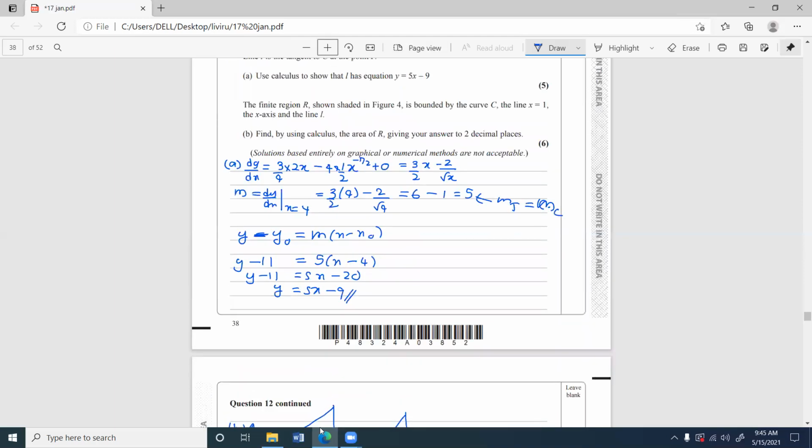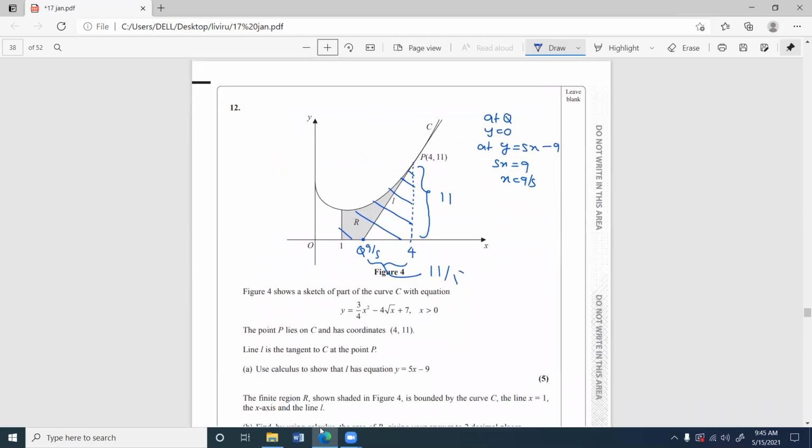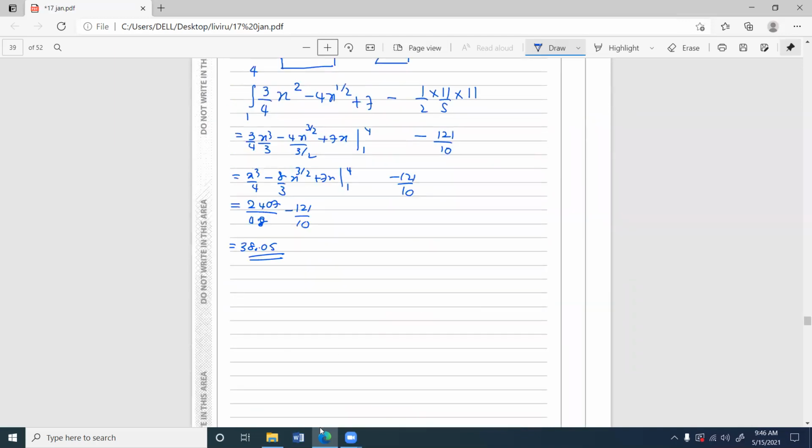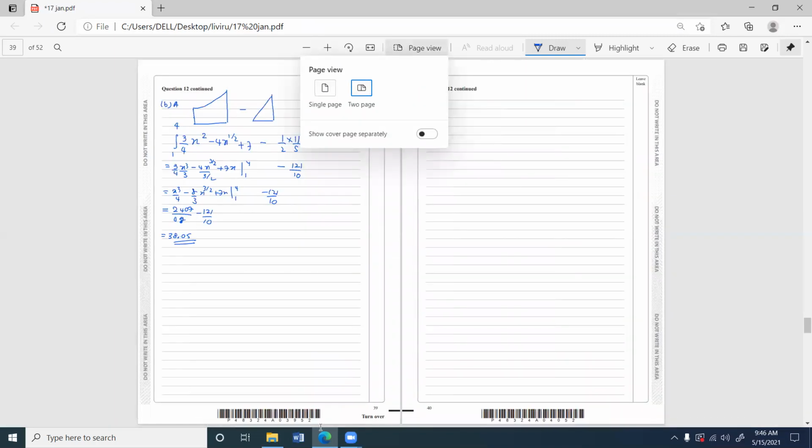Let's check again. Yeah, that's it. So that's a way of getting this answer. Okay, I'll just make a page view, then you can see the answer much more clearly.